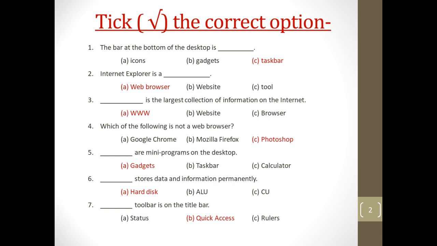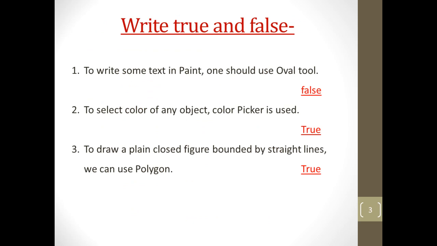Seventh one is dash toolbar is on title bar. Three options: status bar, quick access toolbar, or ruler. Correct answer is quick access toolbar is on title bar. Next exercise is write true and false.